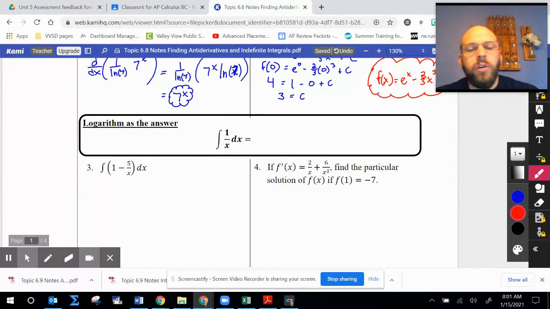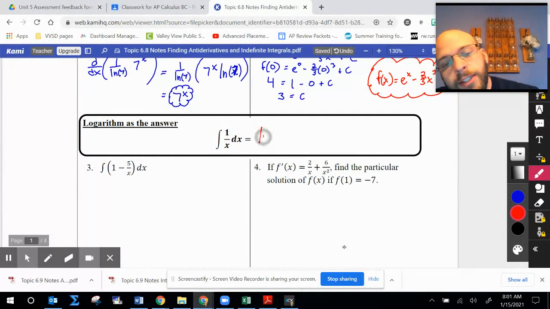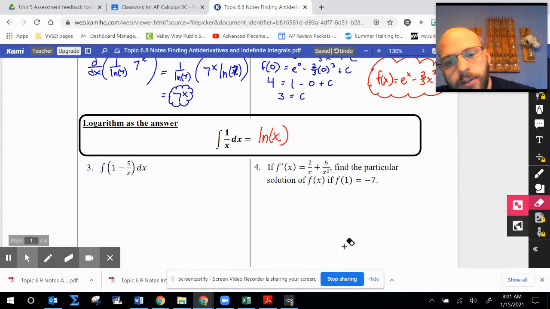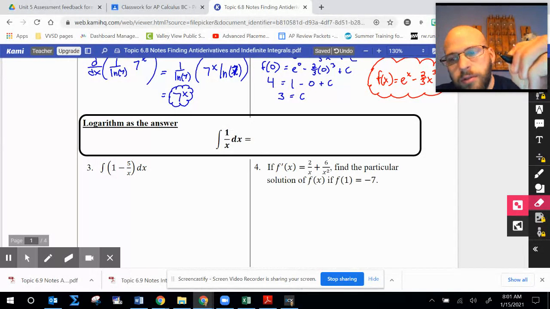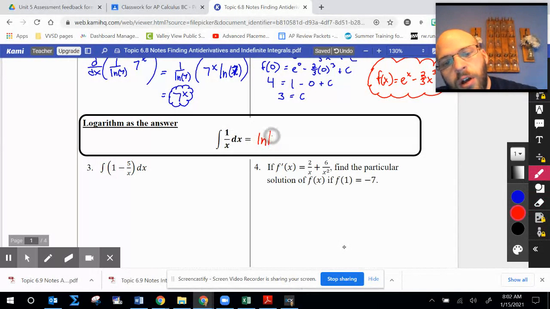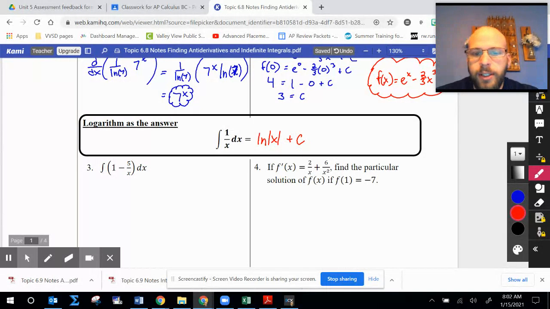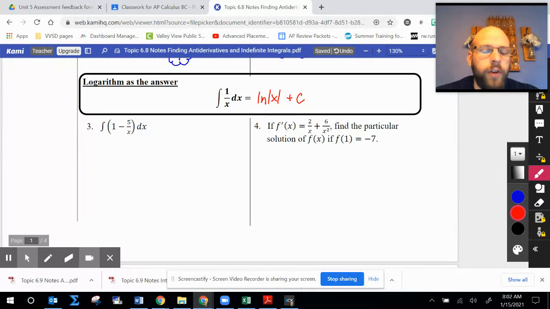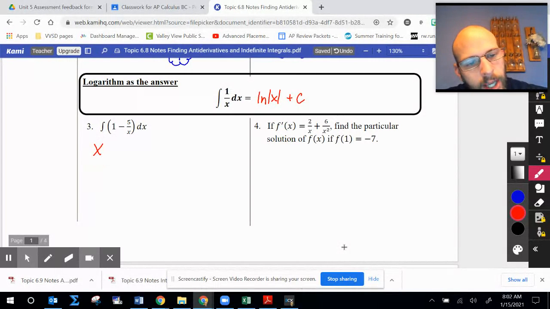All right. So the antiderivative of 1 over x is the natural log of x. And actually, to be more specific, it should be the natural log of the absolute value of x plus c. If I were to do this, the antiderivative of 1 is just x. And I'm going to write this off to the side so you can see it a little better.